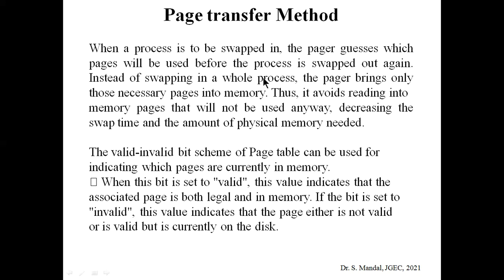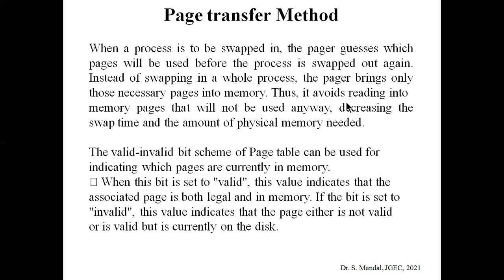Instead of swapping in a whole process, the pager brings only those necessary pages into memory. What advantages do we get? It avoids reading into the main memory pages that will not be used anyway, which helps decrease the swap time, and it also helps reduce the amount of physical memory needed.